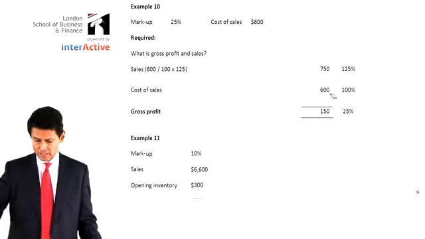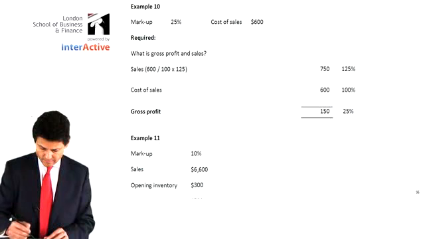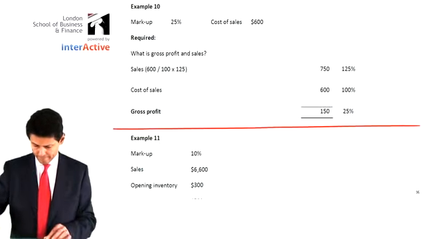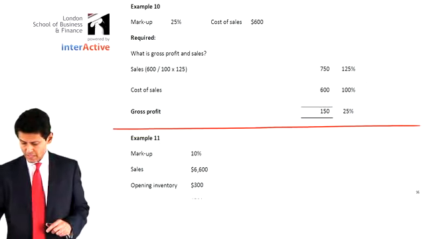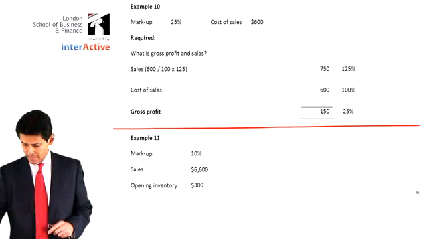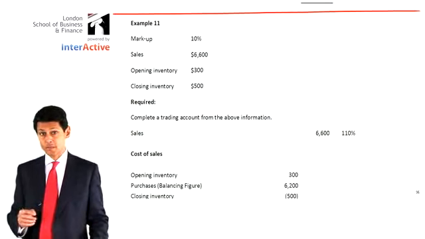So let's move on then to example 11 first. One of the fundamental skills with incomplete records is this ability to use percentages, very, very frequently examined.